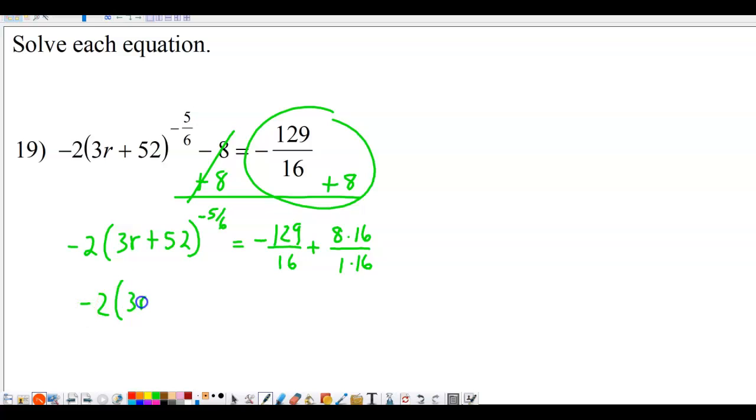So bear with me for a minute while I calculate that. Eight times 16 is 128. So if I add those together, I end up with -1 over 16.